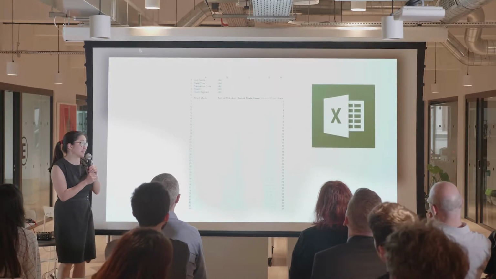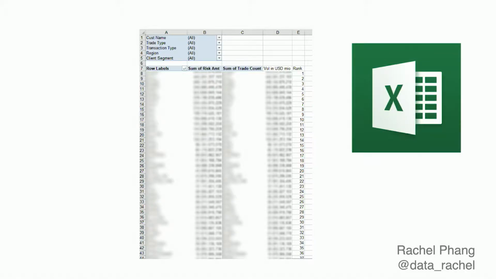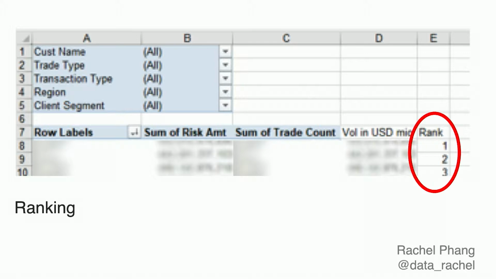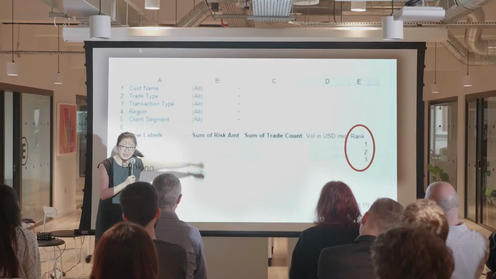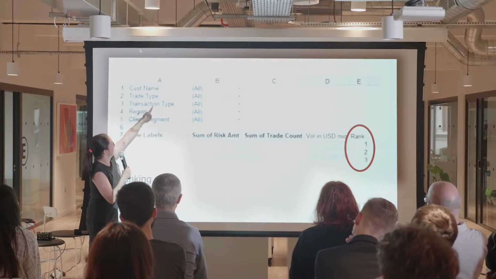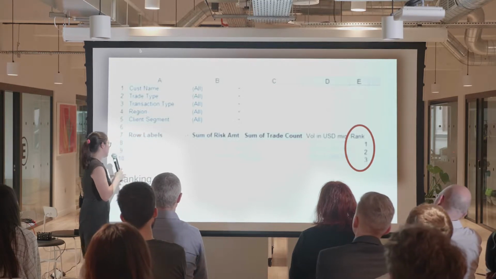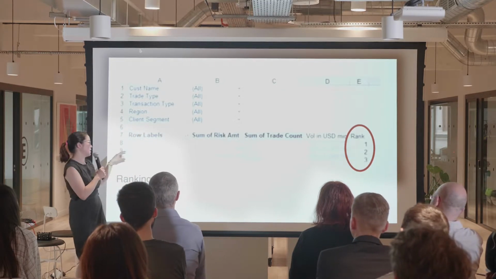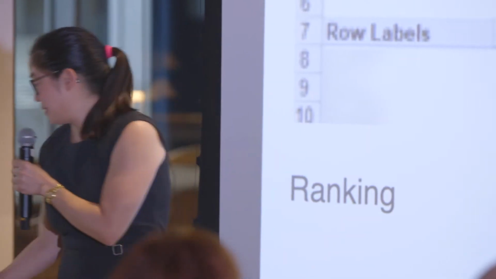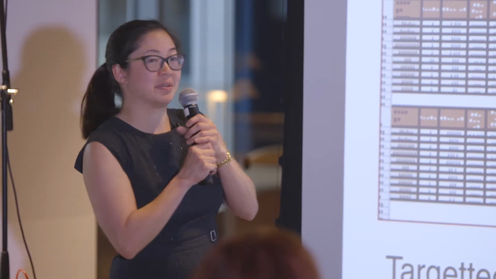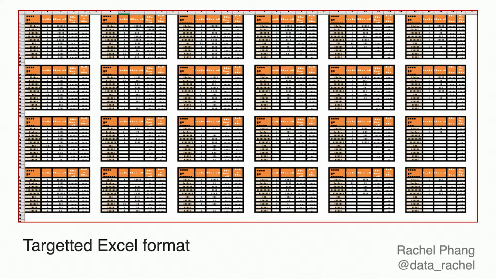This is what they were doing with Excel. They had these massive pivot tables with the pivots at the top, and I'll zoom in for a bit more detail. They were creating rankings, so they just copy and drag that all the way down, change one factor, look for the client along here, and each client would have its own beautifully formatted Excel chart.